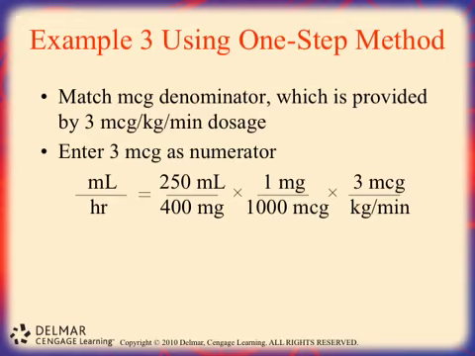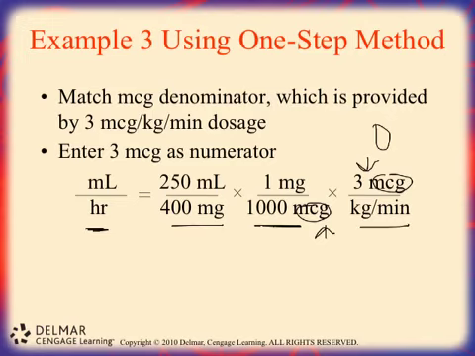Then this next step is where it differs a little bit. We know that we had gotten to this point. We know that this is what we want to end up with. This was our dosage strength. This was our first conversion. So then we match our denominator with our numerator, and we know that the order was 3 micrograms per kilogram per minute.